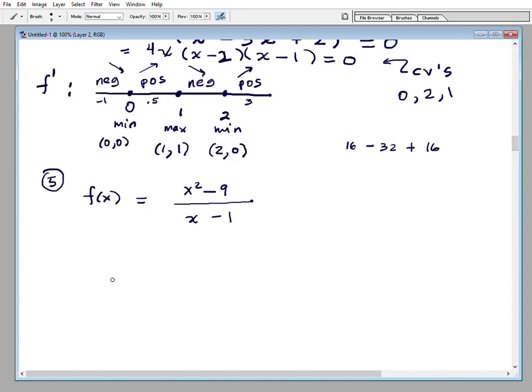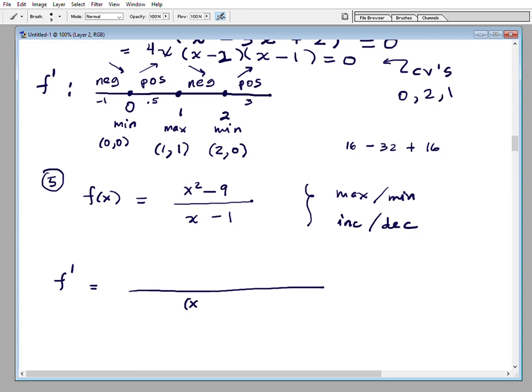Okay. So again, we're looking for max min, and we're looking for increasing, decreasing. Okay, first f prime. So quotient rule, x minus 1 denominator squared. Put the denominator over here.